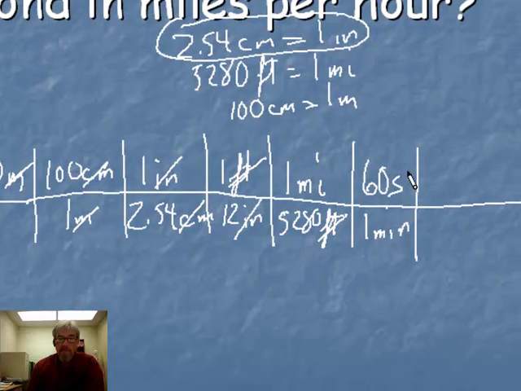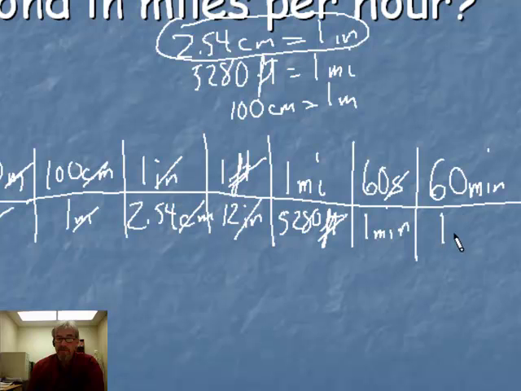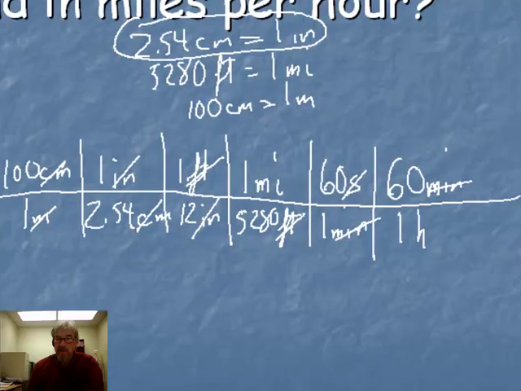Since 60 seconds is 1 minute, I haven't changed my speed, but now it's miles per minute. I can get rid of minutes with this factor. 60 minutes is the same thing as 1 hour. Well, that's the final step because I have now canceled off everything on the top except for miles, and that's my target numerator unit, and everything on the bottom except hours, and that's my target denominator unit.